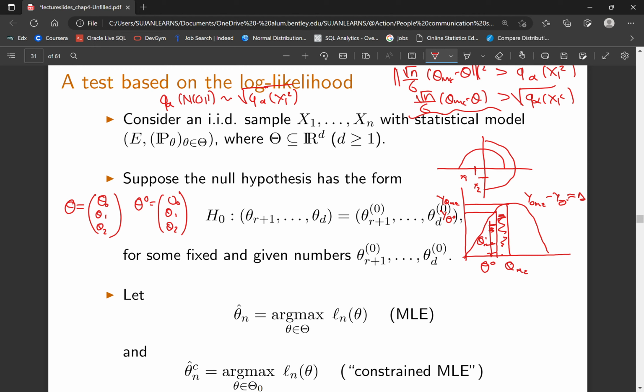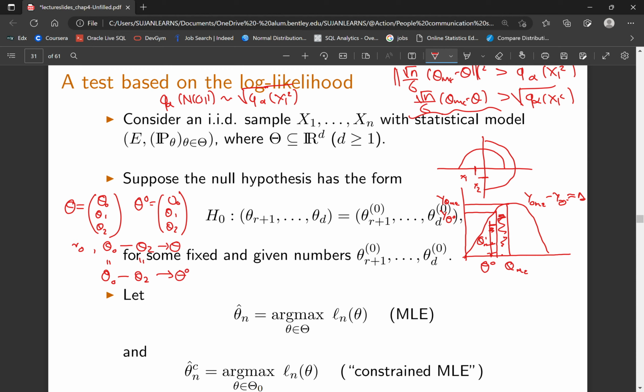It has many coordinates, and what we're saying is that after a certain number r, let's say r is 0, then theta 0 through theta 2 for theta are the same as theta 0 through theta 2 for theta naught.